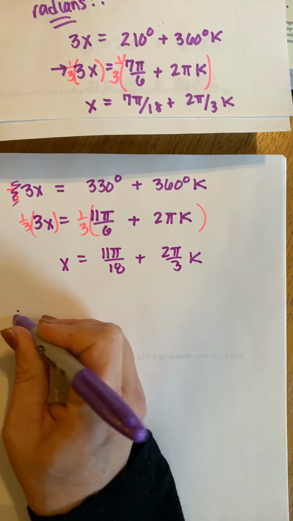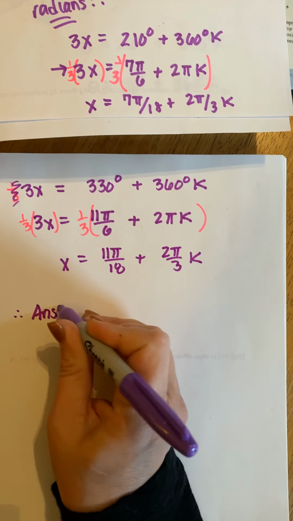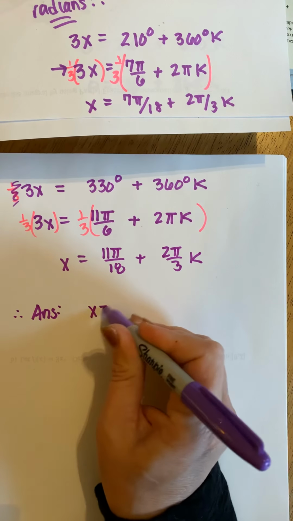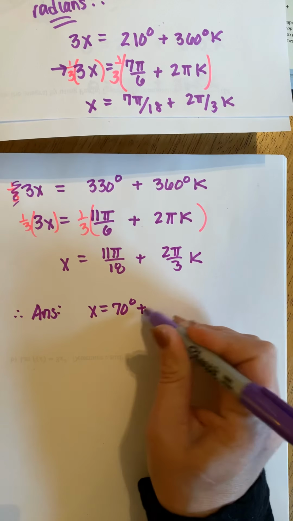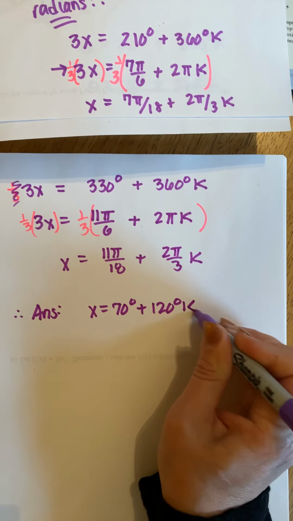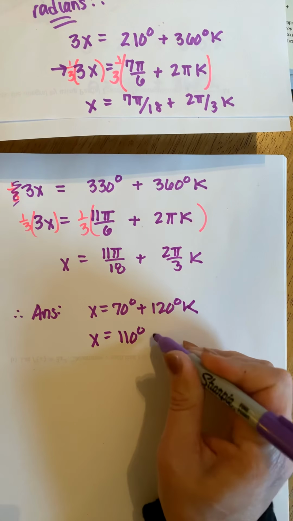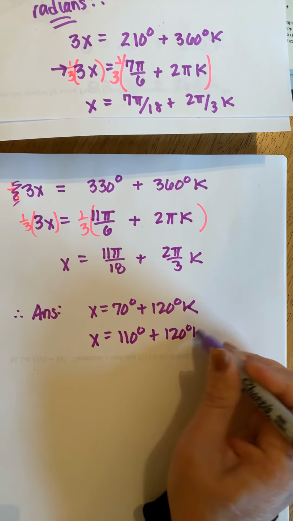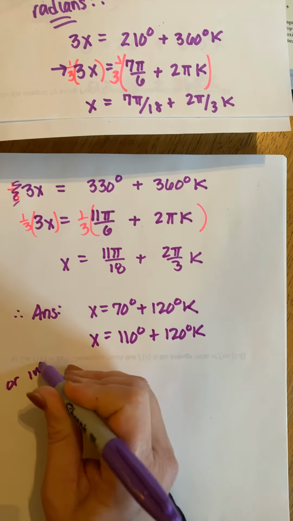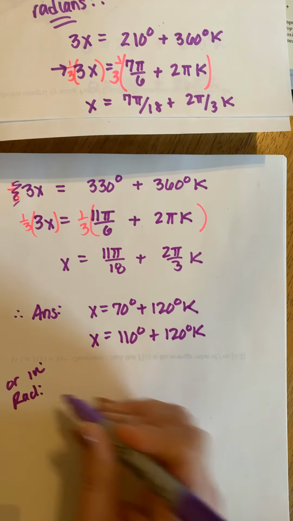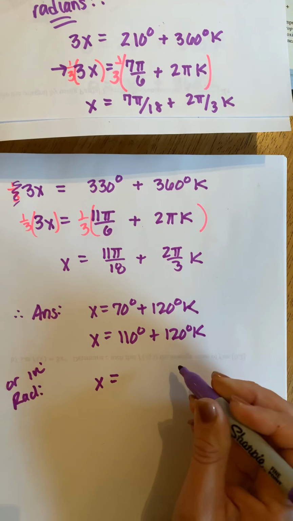Okay, so therefore, answer: we started with x equals 70 degrees plus 120k, and we got x is equal to 110 degrees plus 120k, or in radians. So just make sure you follow your directions in Alex.